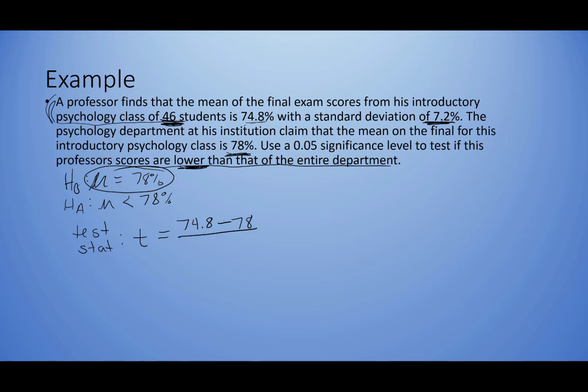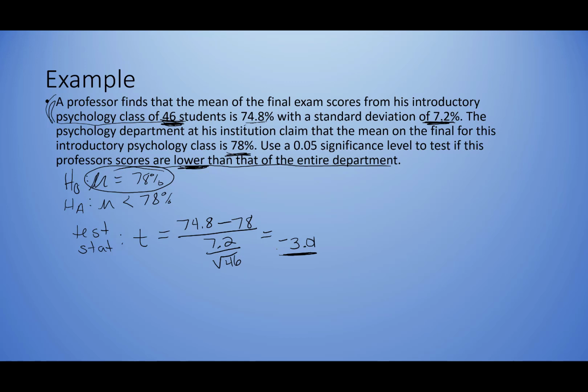I need to divide that by my sample standard deviation, which was 7.2, over the square root of n, and n is my sample size of 46. So once you plug all this into your calculator and do the computation, you will end up getting a test statistic of negative 3.01 approximately. So this value right here is our test statistic.